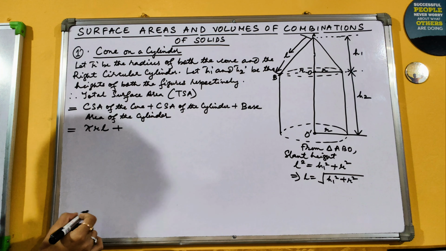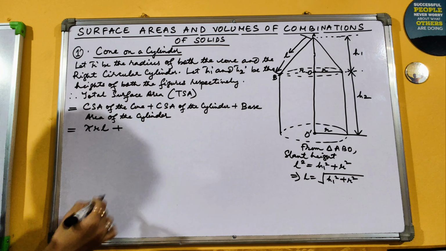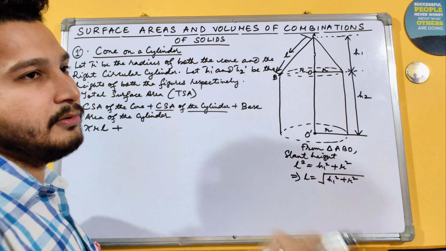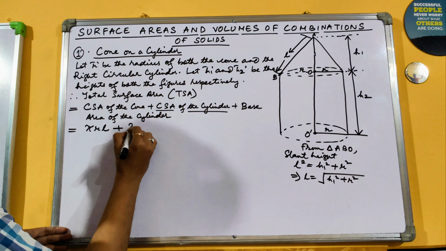Plus, what's the value for the curved surface area of the cylinder? It is nothing but 2 pi r h, 2 pi times the radius into height. So 2 pi r h. Now what is h? It's h2. Plus, now the base area of the cylinder, that is nothing but the formula for the area of a circle, pi r square.